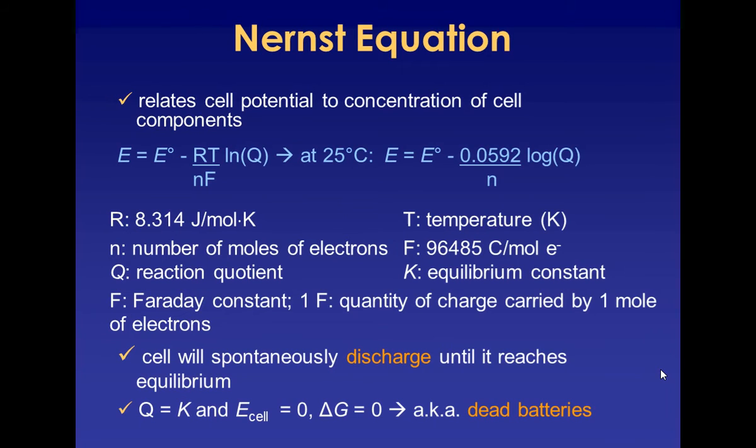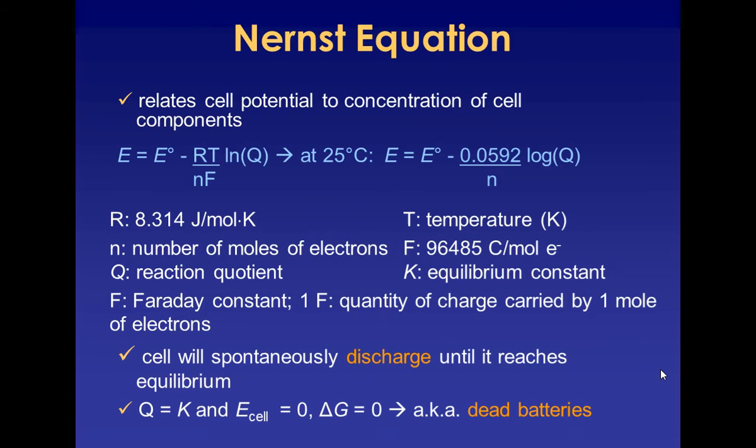Temperature is Kelvin. N is your moles of electrons. And F is Faraday's constant, which tells us basically the amount of charge that is going to be transferred per mole of electrons, 96,485. Q would be your reaction quotient. And if you were at equilibrium, then you would have the Q replaced with your K.